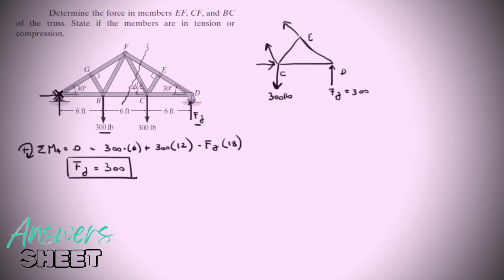The next thing you want to do is find phi. Now finding phi might be a little tricky, but look at this triangle from here to here. From here to here this is 9 feet, because it's the 6 feet plus half of these, and you know this angle is 30. If you want to find this vertical line, let's call it H, H is equal to 9 tangent of 30.